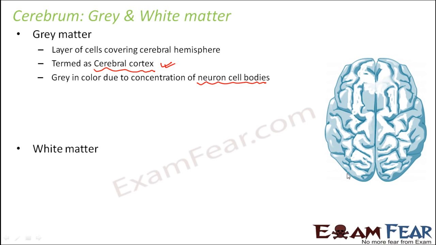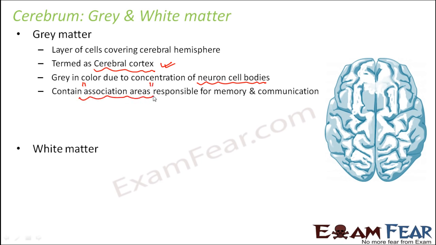So this region is neither completely sensory nor completely motor in nature. Motor means something which is related to movements. These areas are known as the association areas. It contains the association areas. Association areas are those regions which are neither sensory nor motor in nature.